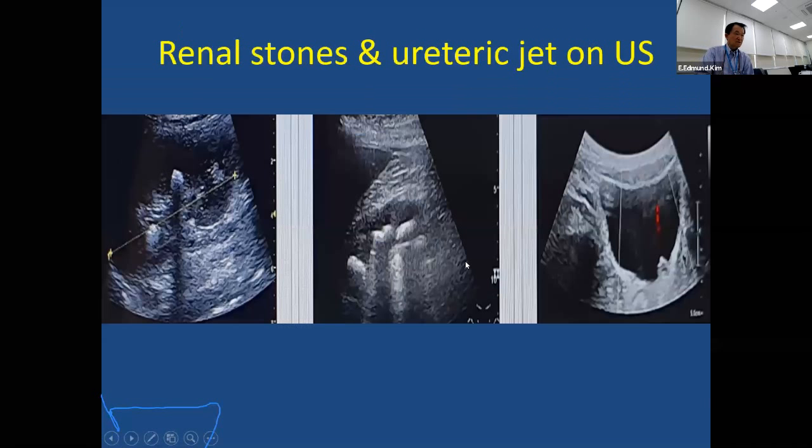So you have to separate it. Stone will make obstruction, and the bladder, the ureteric jet.